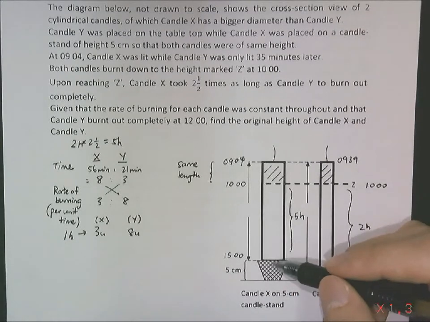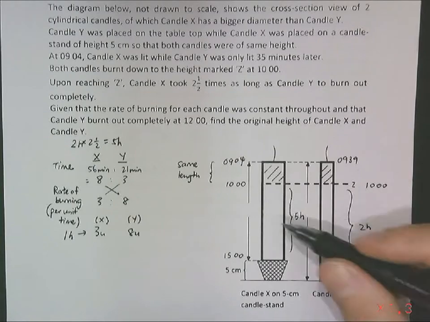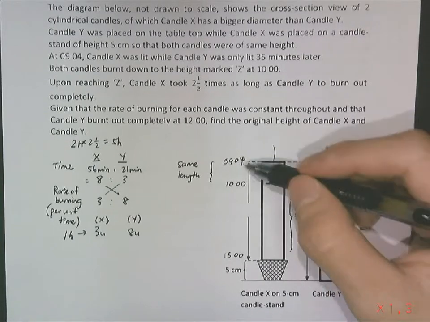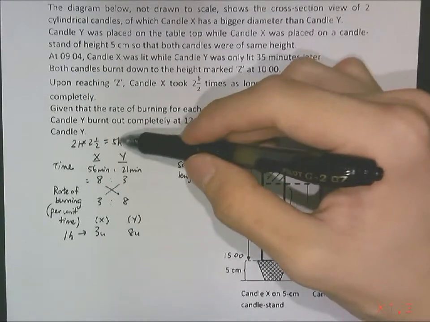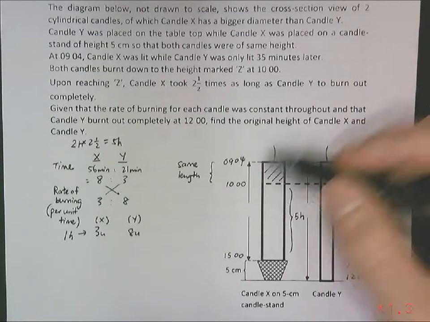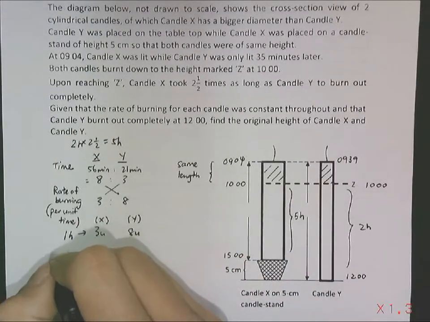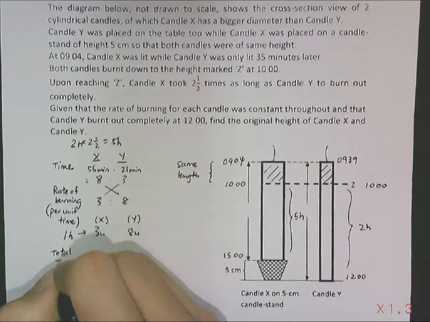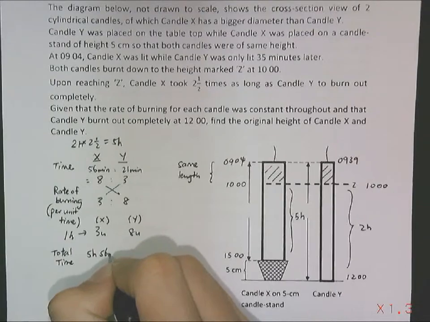For candle X, the total time will be 5 hours and another 56 minutes, because 5 hours here is 2.5 times as long as candle Y. So total time is 5 hours, 56 minutes.